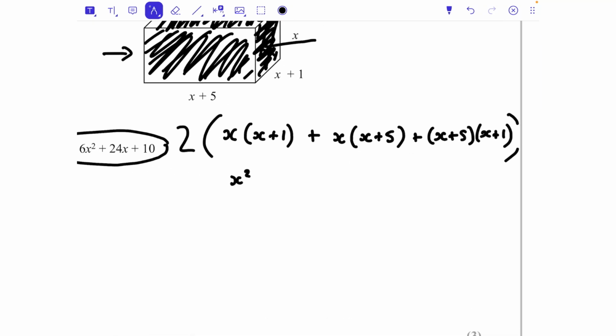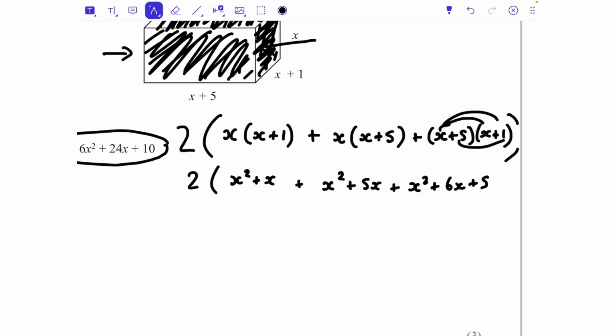I've got x squared add x squared add 5x, add x squared, add 1x, add 5x, so 6x, add 5. And we've got to times all of that by 2. So 2 lots of, let's collect it up, x squared, x squared, x squared, so 3x squared.